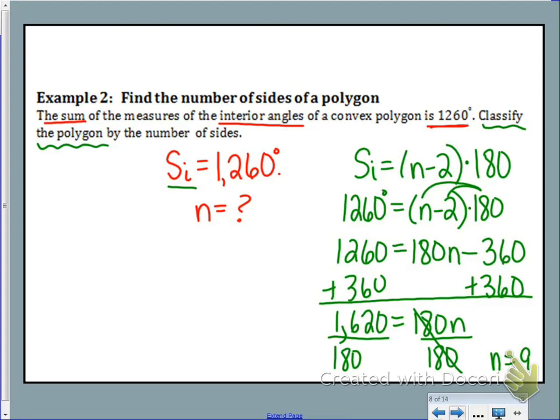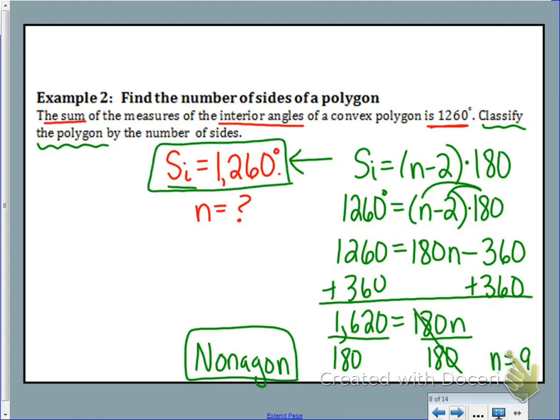So really what that means is we're supposed to name the polygon. Well, this is a 9-sided figure, which means it's a nonagon. And we found those at the beginning of our notes. So basically what that means about this shape is any nonagon, any 9-sided figure, will have a sum of interior angles equal to 1,260 degrees.